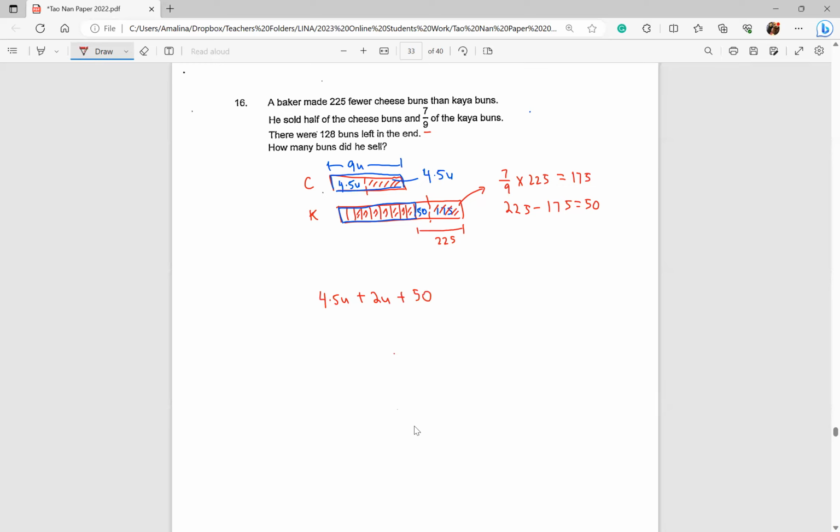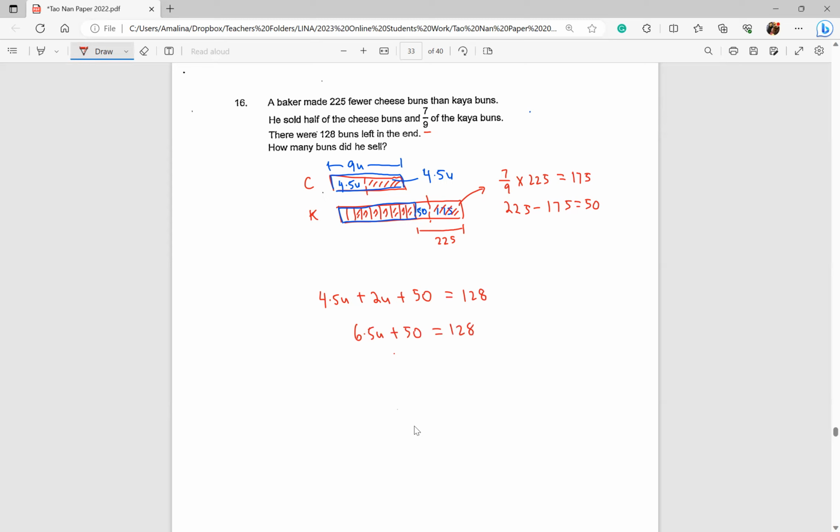So 4.5 plus 2 units plus your 50 equals to your 128, given in the question. So we'll solve this. I add my 4.5 plus my 2 units, I get 6.5u. Plus my 50, I get my 128.